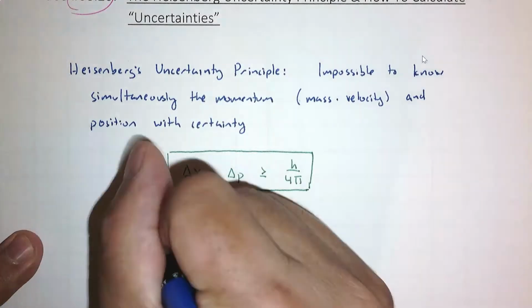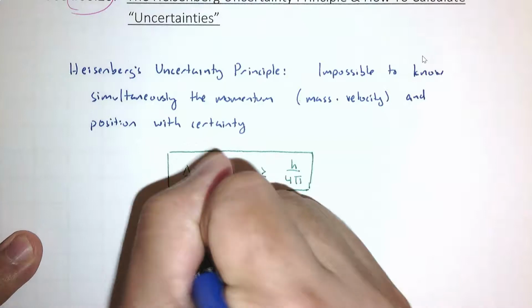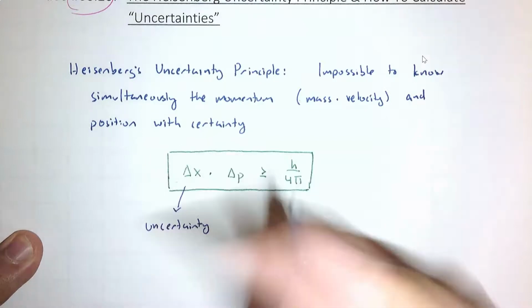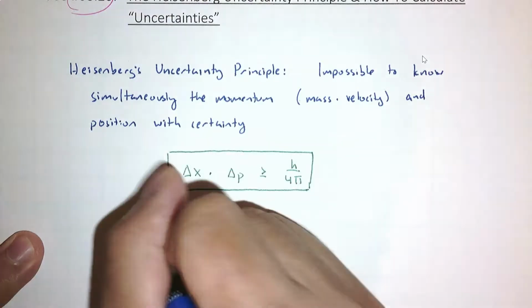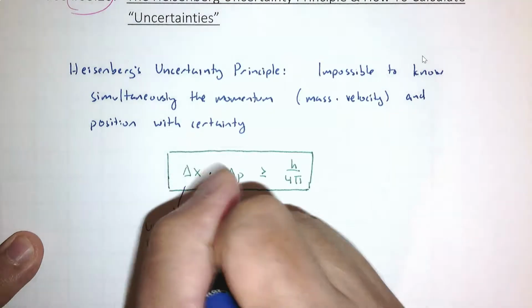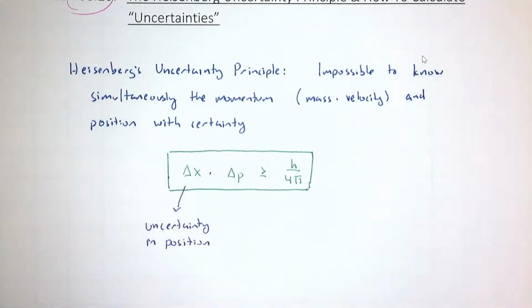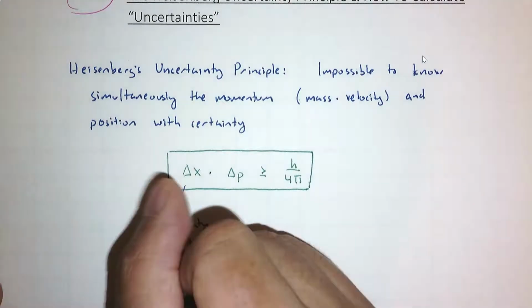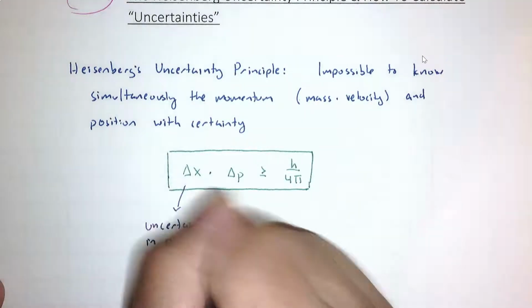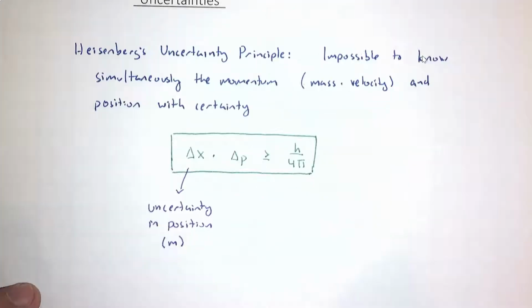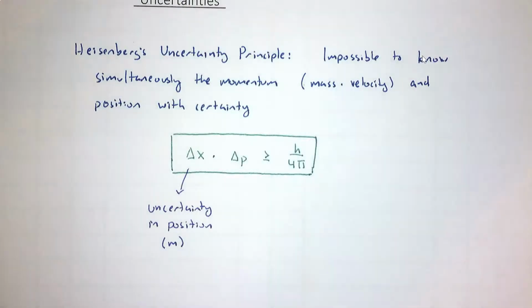So this is uncertainty in position. This is important: the units are going to be in meters. Okay, it's almost like an error, plus or minus.